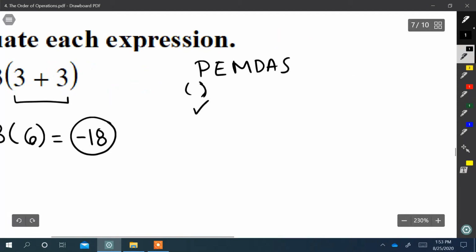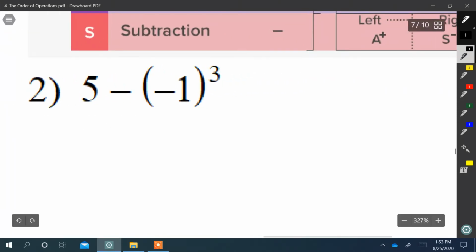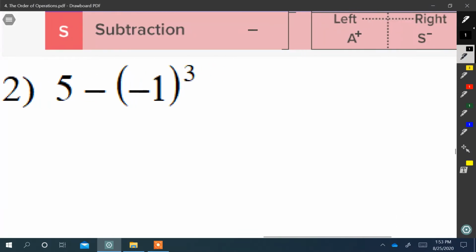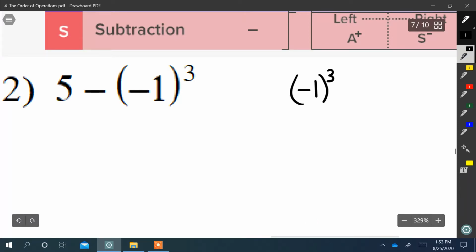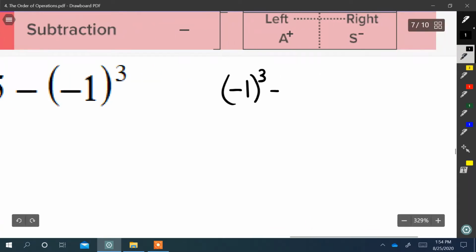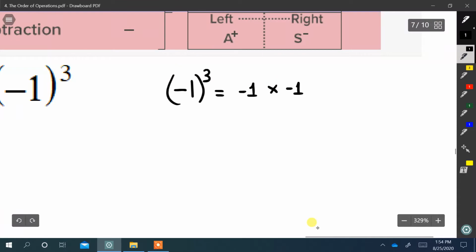Let's go ahead and do another problem. We have 5 minus negative 1 to the third power. So we have to understand what that means. Let's do that one on the side. Negative 1 to the third power is the same as negative 1 times negative 1 times negative 1, and this happens 3 times, because our exponent is 3.